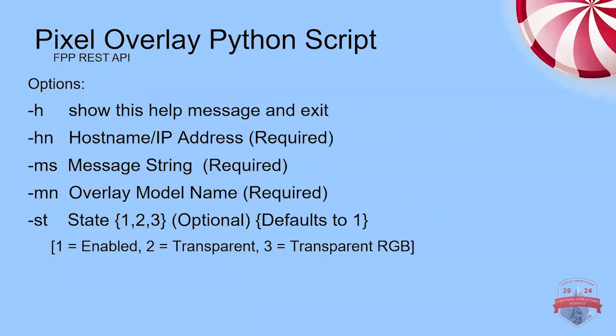And there's the host name, the message string, the overlay model name, and the state, which is enabled or full, transparent, and transparent RGB. And when it's using the enabled or full state, if there's anything on the virtual matrix that's playing because a sequence is playing, that all disappears, the sequence part. It's strictly the text that would be going across. So that occurs on a submodel or on the full.